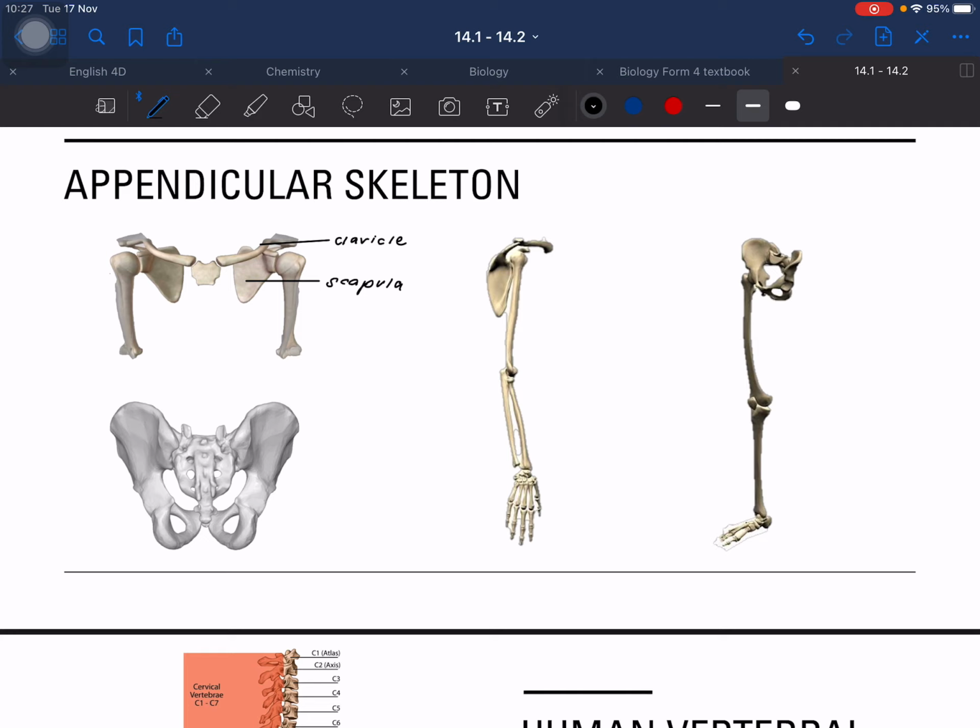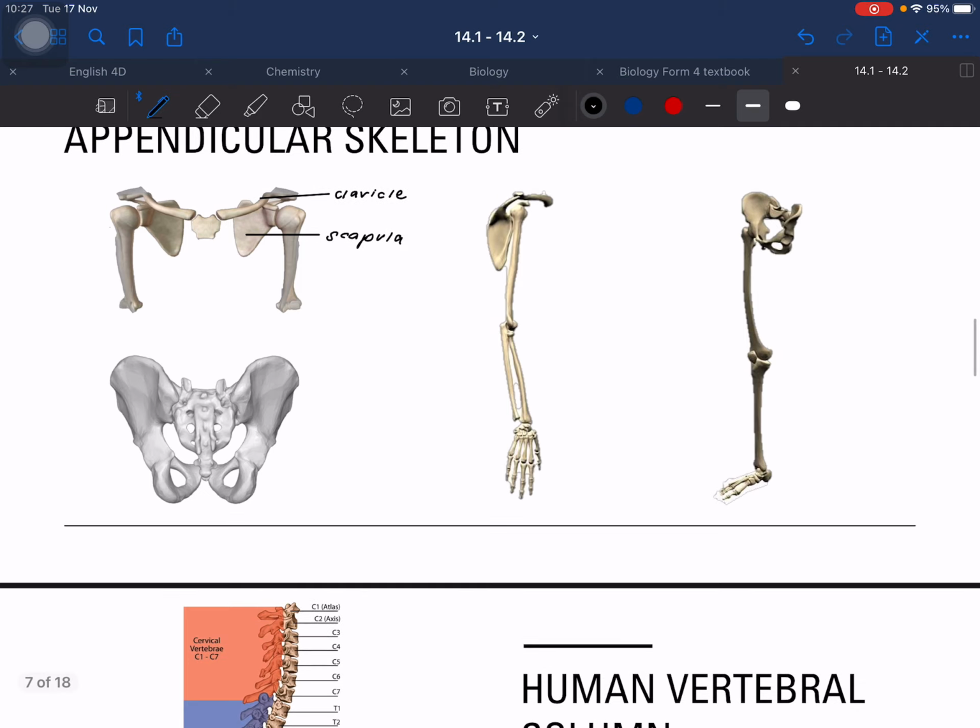And your pelvic girdle consists of the ilium. This is your ilium. Do not be confused with ileum. This is another one. So when someone says ilium, make sure you know what the context is, right?